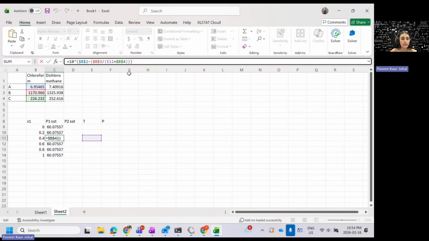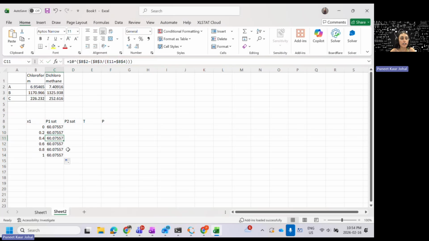We want to make sure these values don't change, but when we drag down, the temperature should be different for different X values.